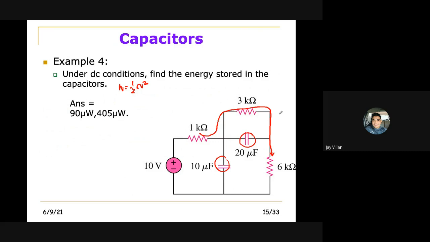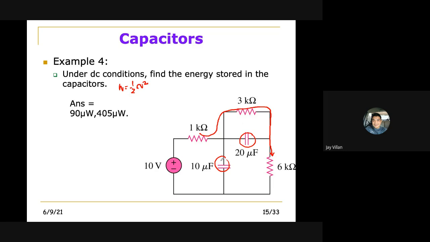And the voltage across the capacitor is equal to the voltage of the resistor connected in parallel with that capacitor. So here in this problem, for the 20 microfarad capacitor, you have to get the voltage across the 3 kilo ohm resistor.